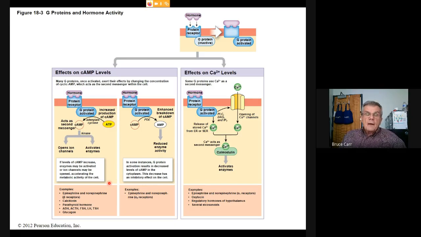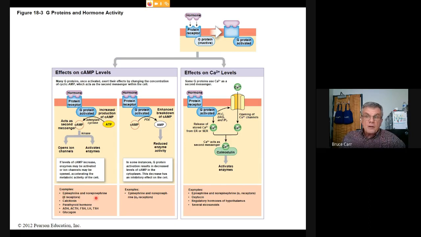We see here a couple of G proteins and hormone activity drawings. The hormone binds to the receptor, and the G protein goes active. Now, effects on cyclic AMP: you see this activated G protein makes cyclic AMP directly. When cyclic AMP goes up in the cell, it opens ion channels and activates enzymes.